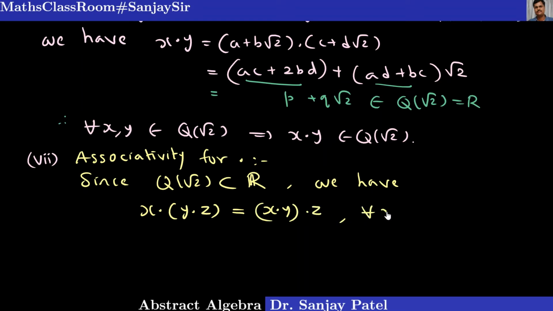This is true for every x, y, z belongs to Q root 2. So associativity also holds.